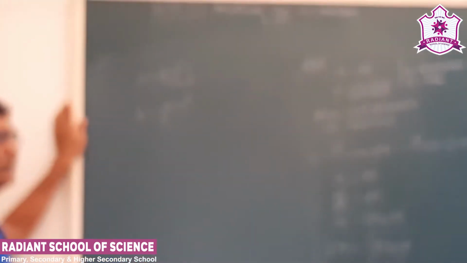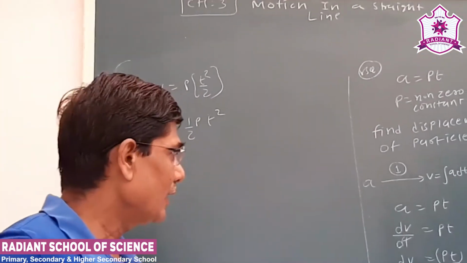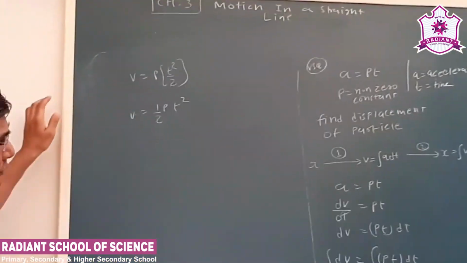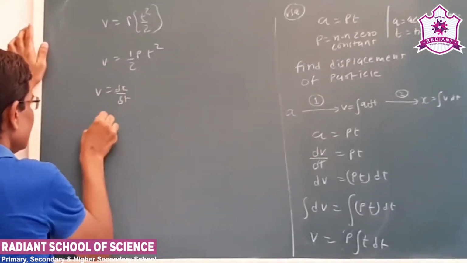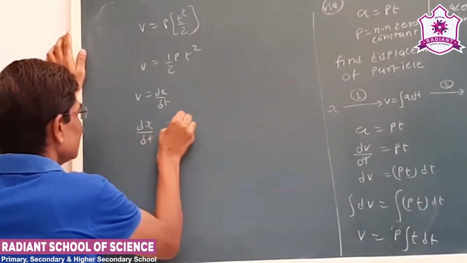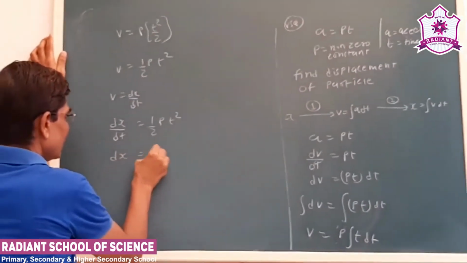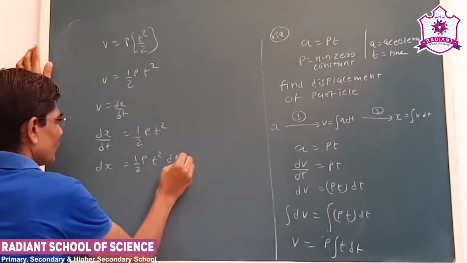Okay, now see, from acceleration we have obtained the velocity. Now we have to take integration a second time to find out the displacement. Now v is equal to dx upon dt. dx upon dt is 1 by 2 pt square. So dx is 1 by 2 pt square dt.